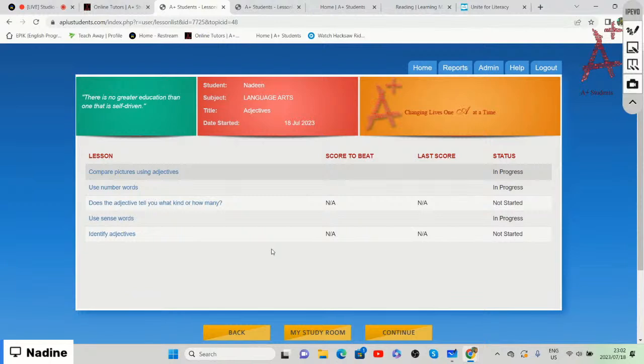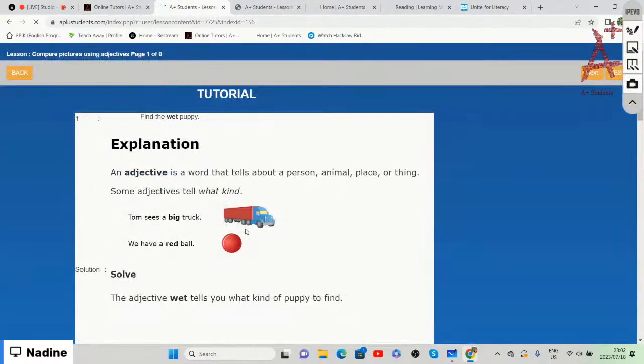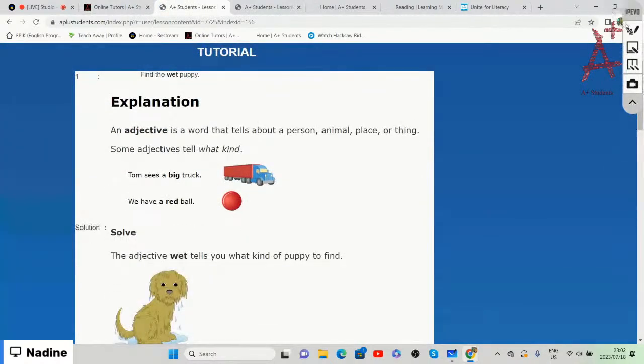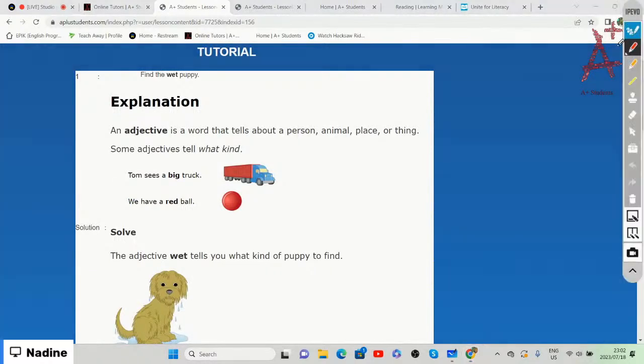All right, so we are going to go straight into our lesson on adjectives, and we're going to start with comparing pictures using adjectives. An adjective is a word that tells us about a noun. A noun names a person, a place, an animal, or a thing.